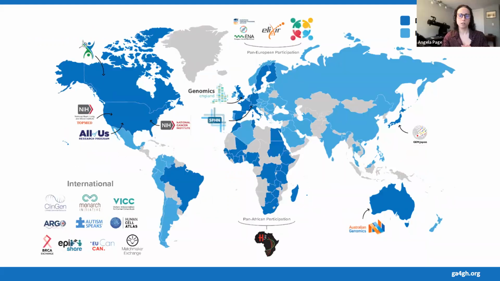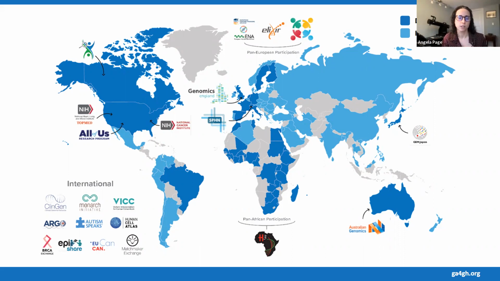So this is our driver project community. Like I said, we have 24 driver projects with representation around the globe. Some of that is direct, some of it's indirect, meaning the headquarters might be in South Africa, in the case of H3Africa, but that is a continental network. And so when the network promotes a GA4GH standard, the idea is that it propagates across that community.